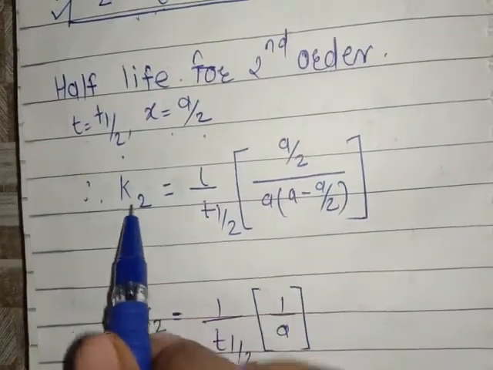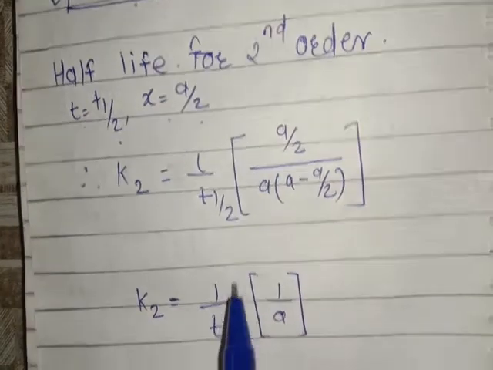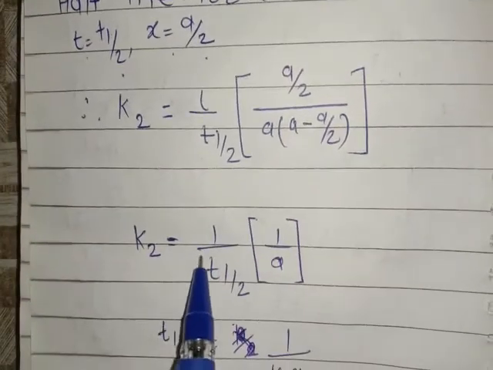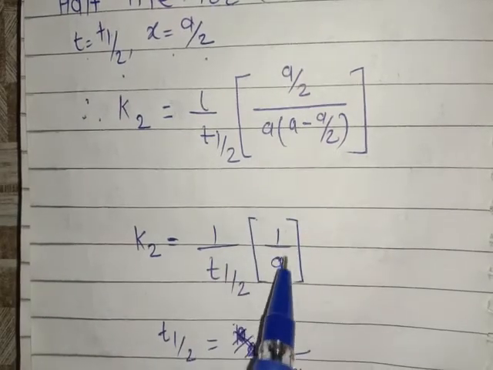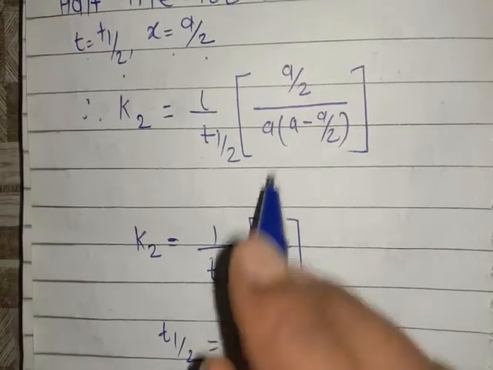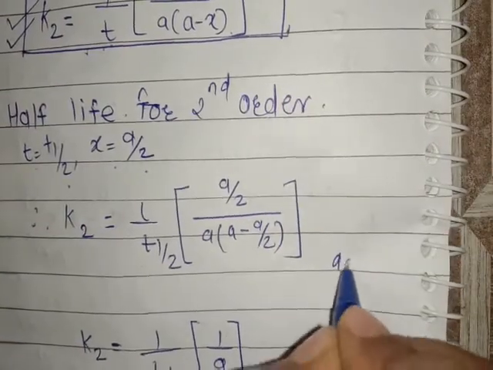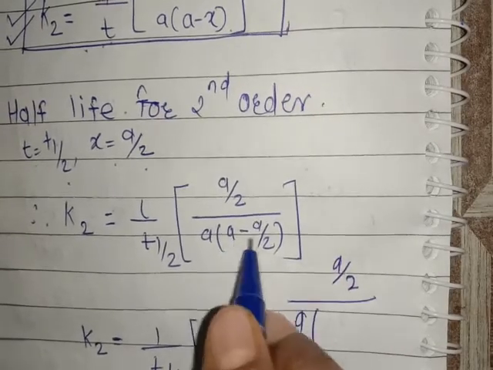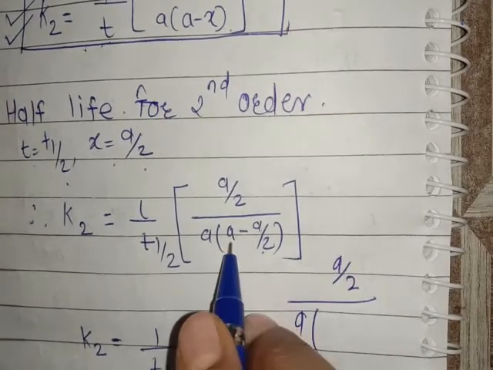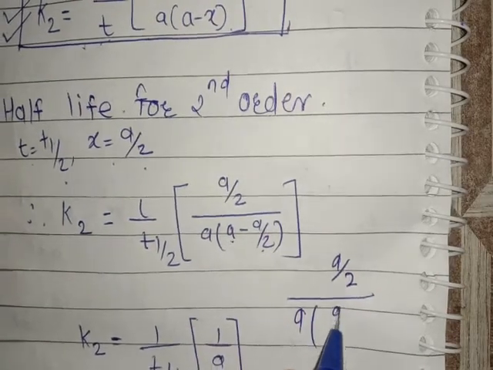Then k2 is equal to, after solving this bracket, 1 by t half into a by 2 divided by a into a minus a by 2. So how to solve this bracket? Here a by 2 remains as it is, divided by a into a minus a by 2, that is 1 minus half is a by 2.